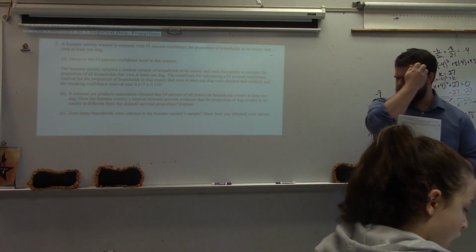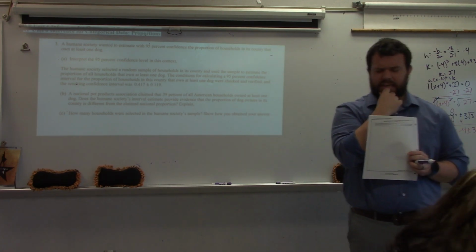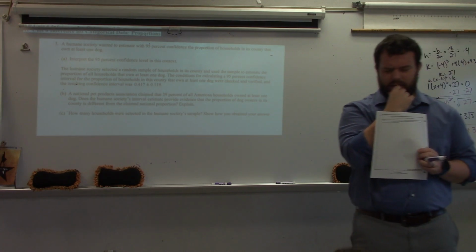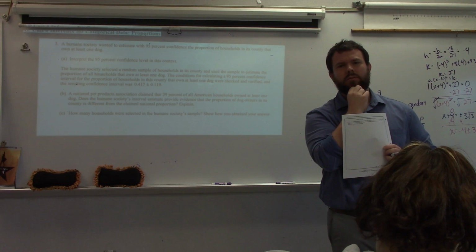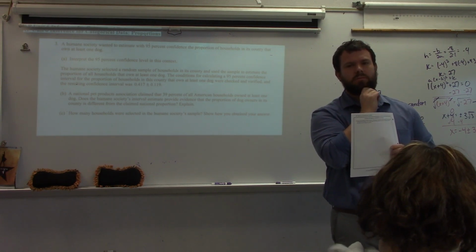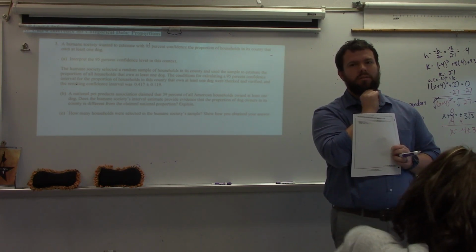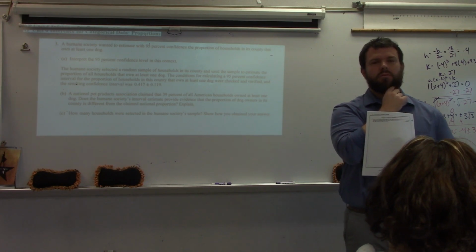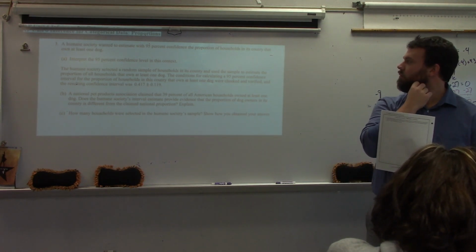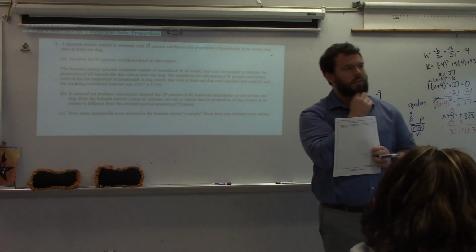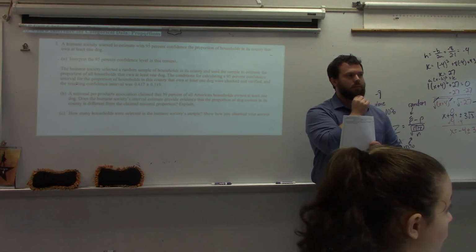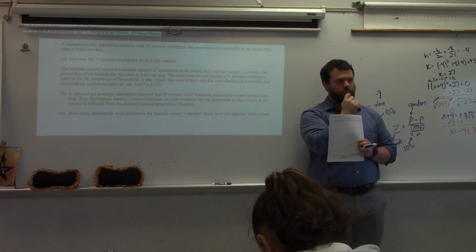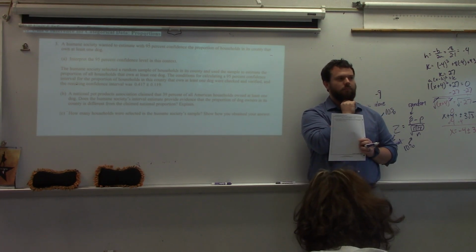You're saying we are 95% confident that any interval that we make the same way will capture the true proportion of households in the county that own at least one dog. Okay. Anybody want to push back or add on to that language at all? I think it's like 95% of the time in many repeated samples.